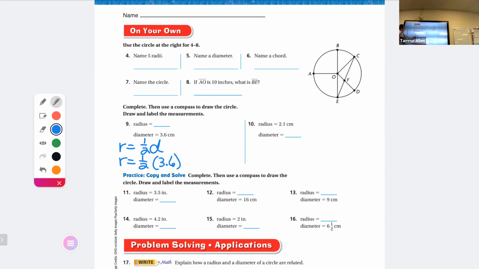Now, because this is a decimal, let's make this a decimal. What would our decimal be for 1/2? For 1/2, Ezra. 0.5. Okay. And now you can do 3 6/10 multiplied by 5/10.